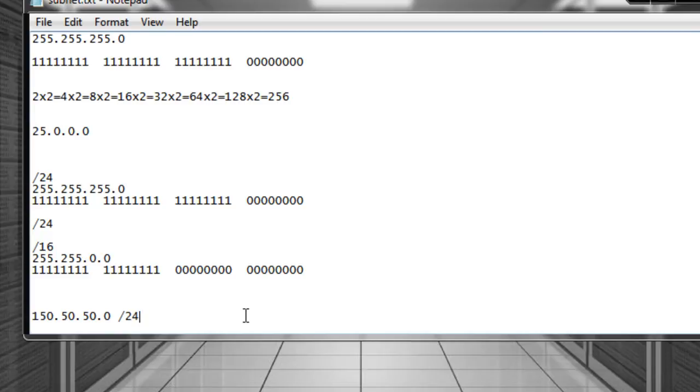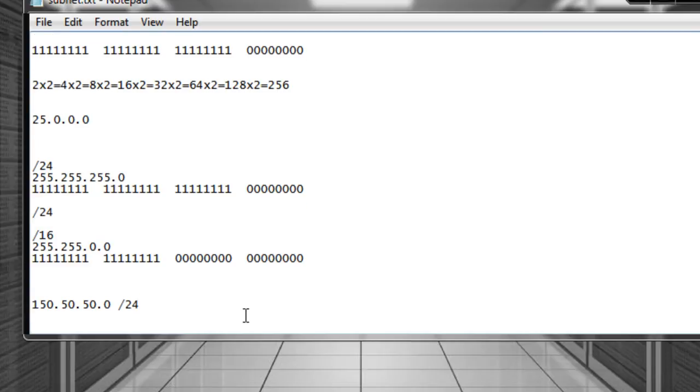I'm throwing the prefix notation at you too, and given this, we need to be able to calculate how many valid host addresses are on this subnet. And right off the bat, we need to know what class that subnet belongs to. And what is it? It's Class B.